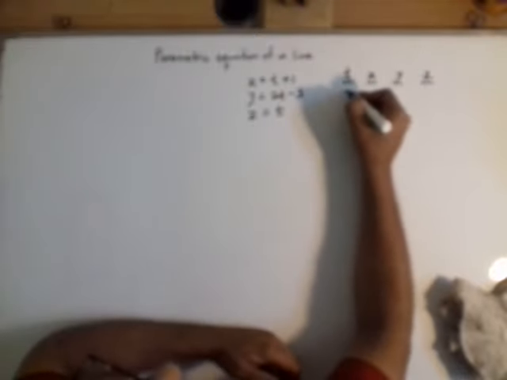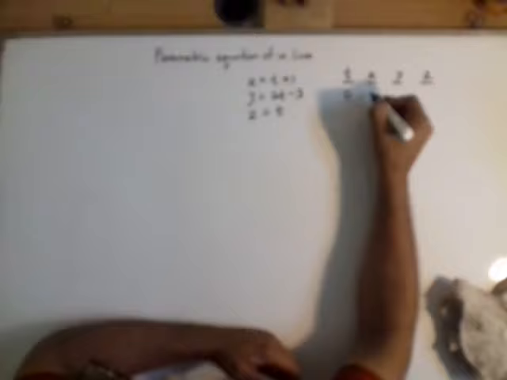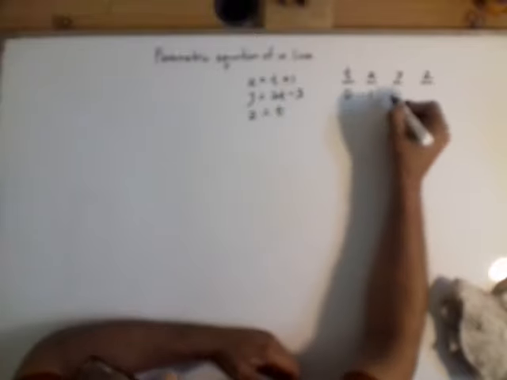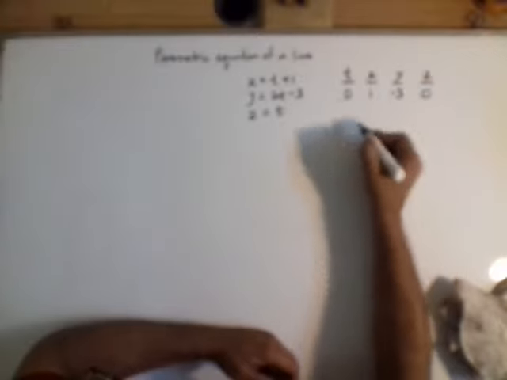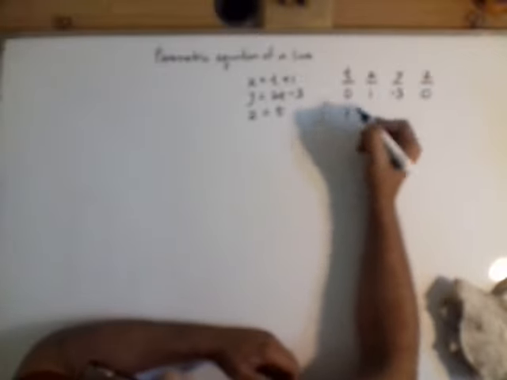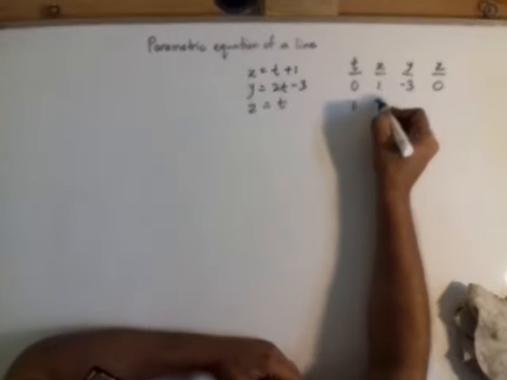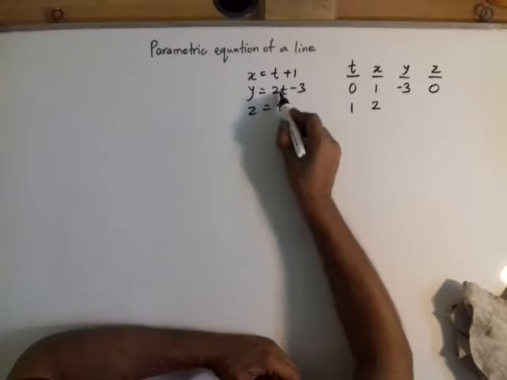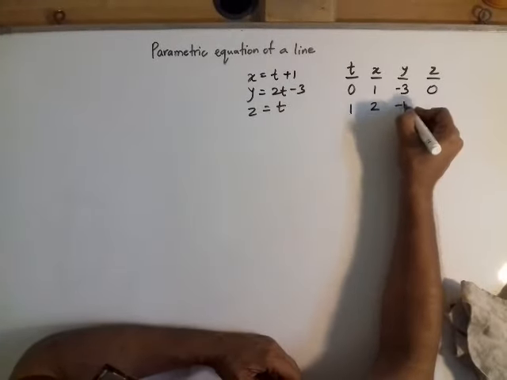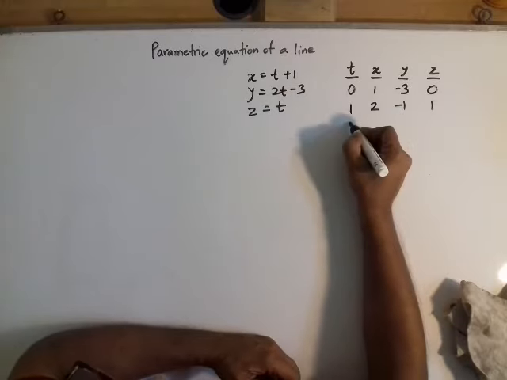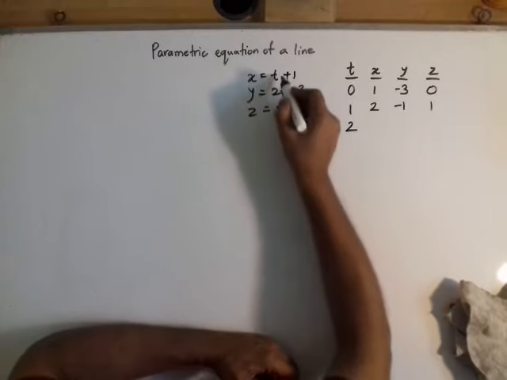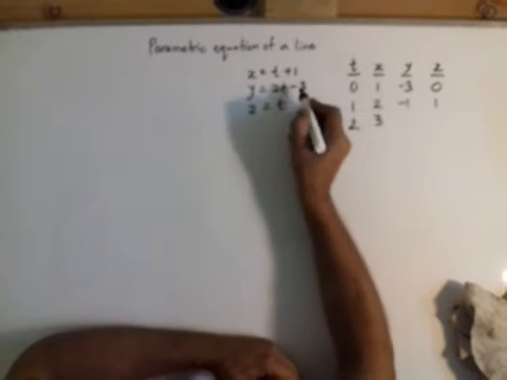So t is equal to 0. What does that give me for x? It gives me 1 here. t equal to 0 gives me minus 3. t is equal to 0 gives me 0 here. t equal to 1 gives me 2, minus 1, and 1 here, and I'll take t is equal to 2. 3, 1 and 2.